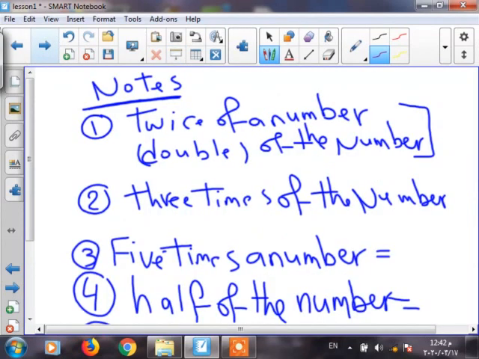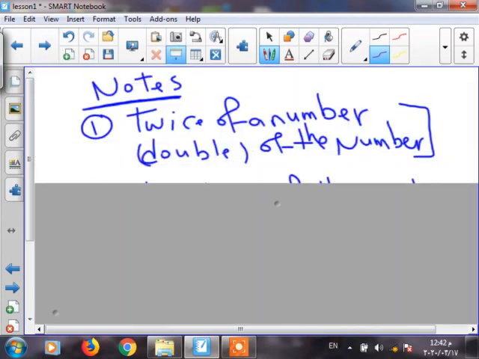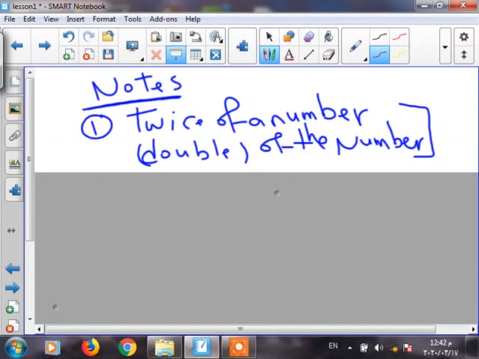The next one, notes. This note is very important. Number 1, I have here twice of a number. Twice means double. Twice and double have the same meaning. That means twice the number. What is the meaning of twice?